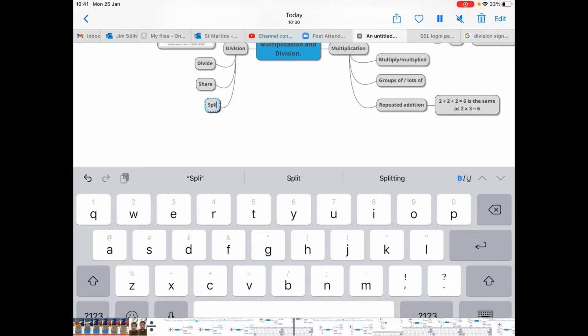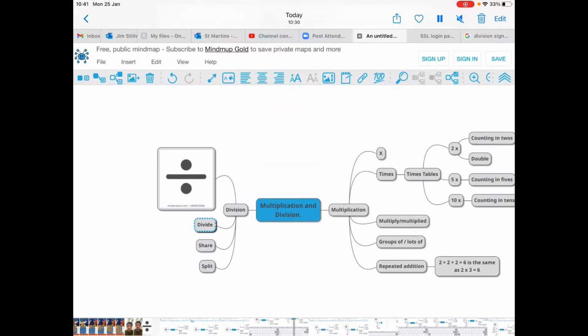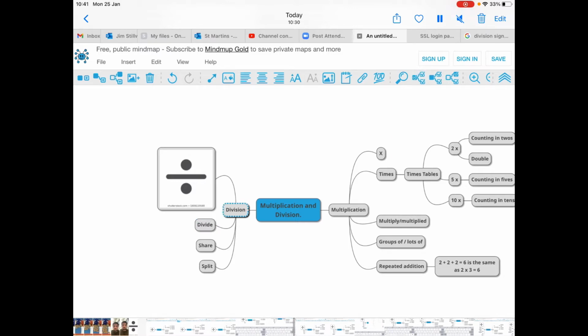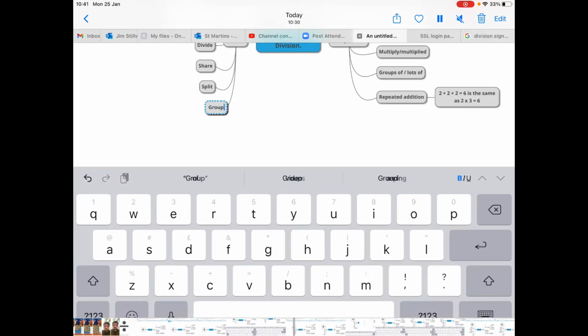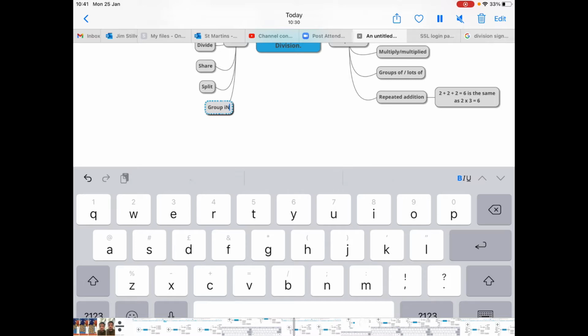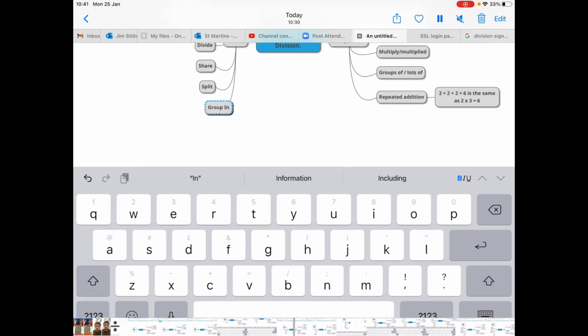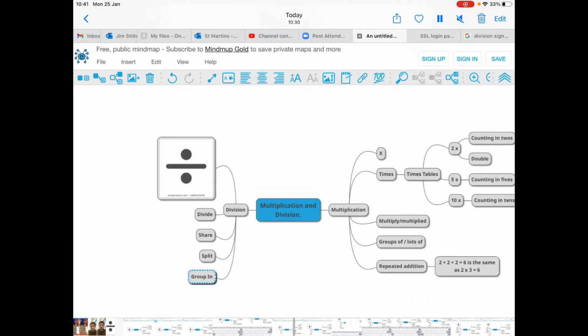So if we had 2 things we need to share with someone, we might give them one thing to use. Again, when we're talking about maths and division, using our divide sign, we could split or we could group our objects into different things.